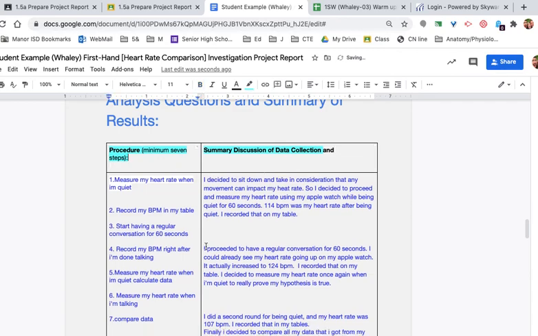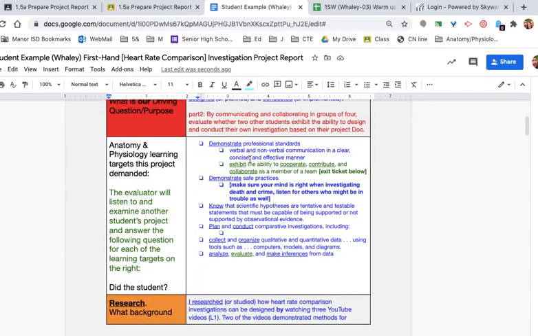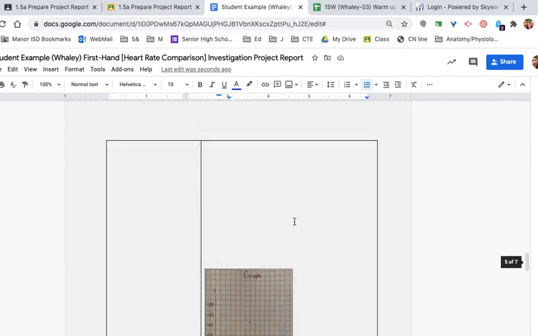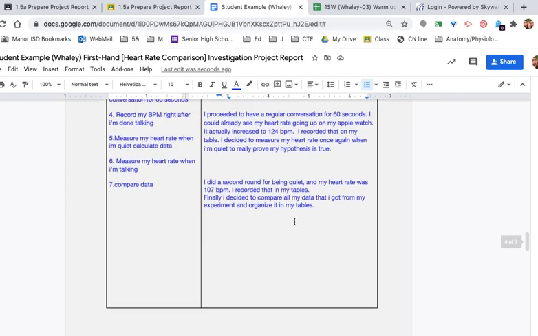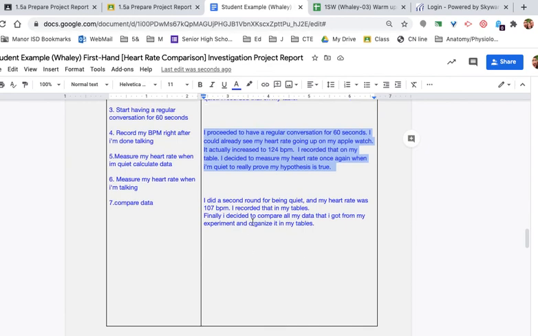These are my nonverbal communication skills, right? So right up here, verbal and nonverbal communication in a clear, concise, and effective manner. Still working on this one. And then this graph, here's how I collected my data. Here's how I continue to collect it. And it's with my numbers that I collected along the way.